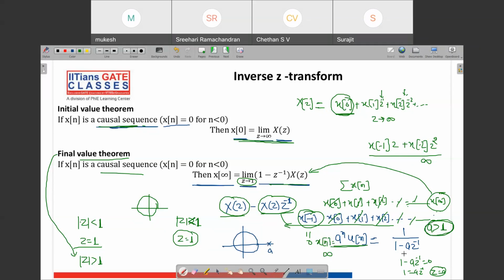But if you take this expression and put it into the final value theorem, you'll not get infinity. You'll get some finite number. Actually, sometimes you'll get some finite number, and sometimes you'll get infinity by infinity or 0 by 0 kind of term.